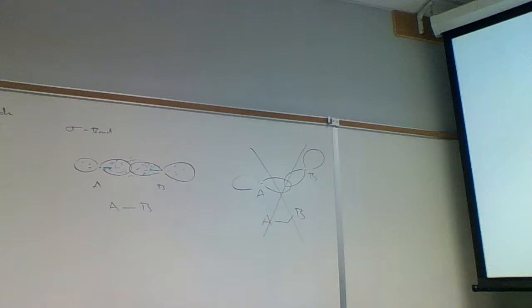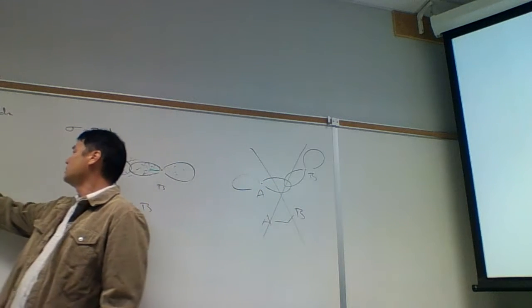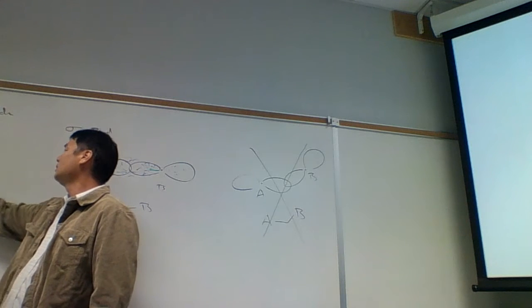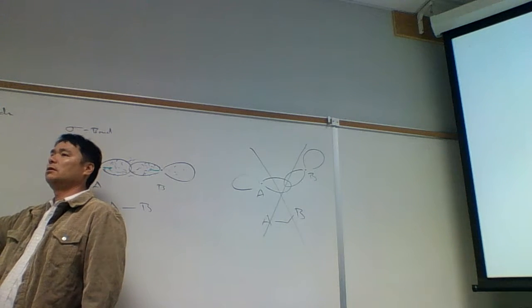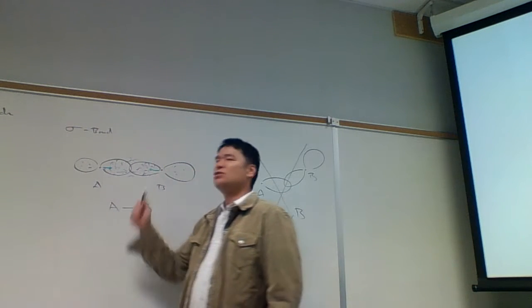Now, which would you assume is stronger? All things being equal, which would you assume is stronger, a pi bond or a sigma bond? A pi bond? A pi bond because it's still two electrons. You have to think, 2 electrons total in this share. Here we have 2 electrons total.